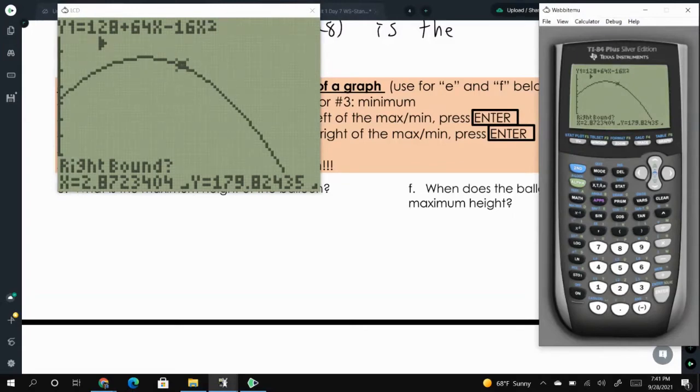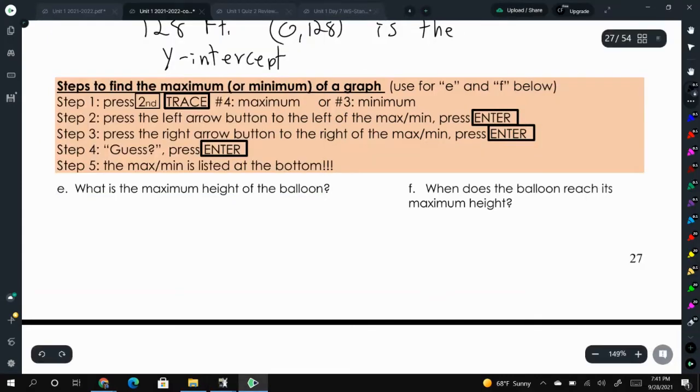Press enter. And it's going to say, do you want us to guess where the max is? Yes. You see it says 1.9999994. You can safely round that to 2. And the y value is 192. So we can safely say, based on our calculator, that our vertex is indeed (2, 192).